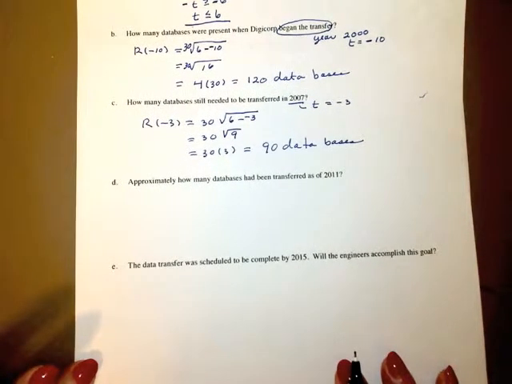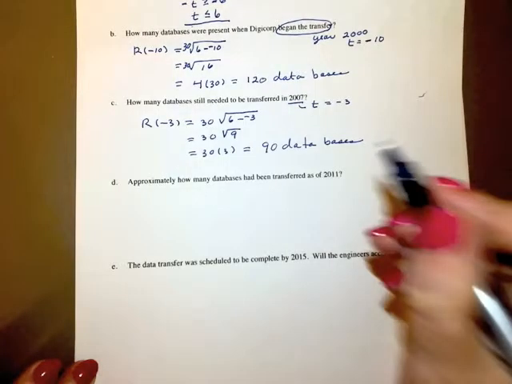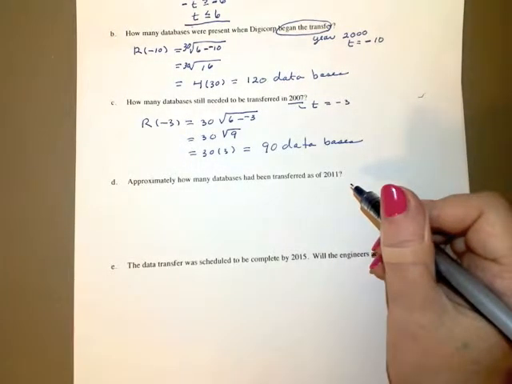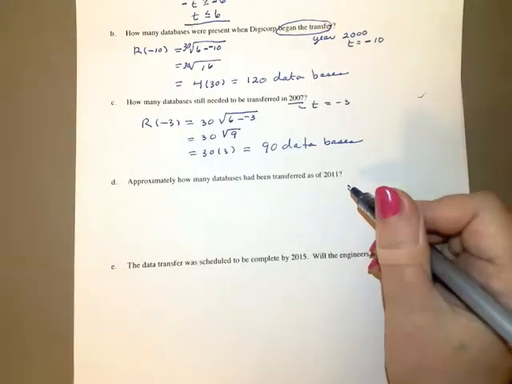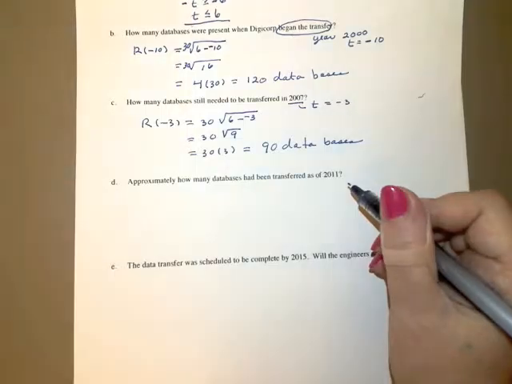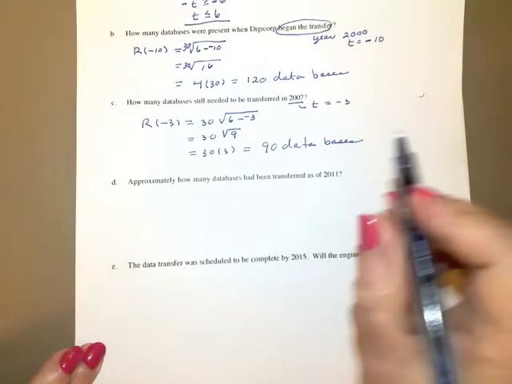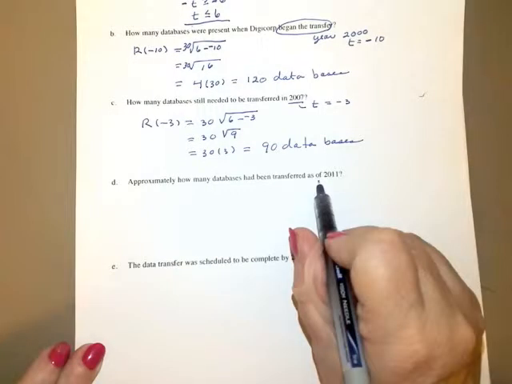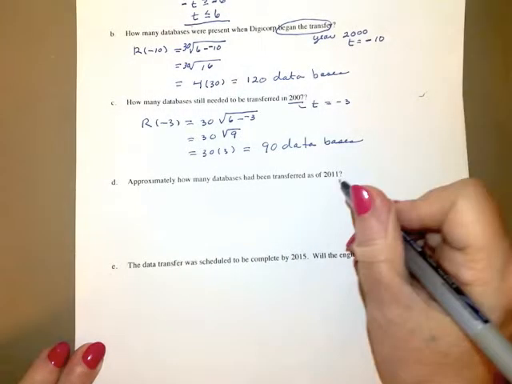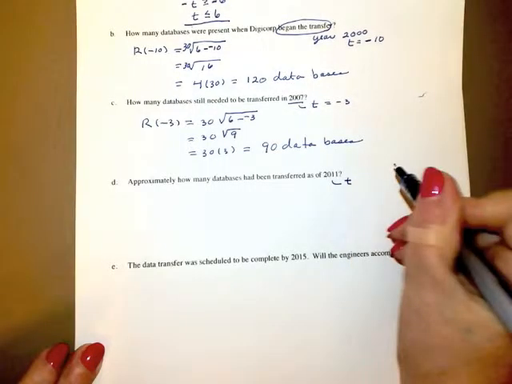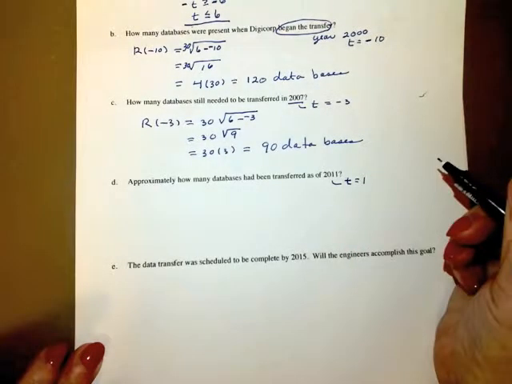And it says approximately how many databases had been transferred. Now that's tricky because of the way it's worded. And it says not needs to be transferred, but had already been transferred as of 2011. 2011 is a t-value of 1.